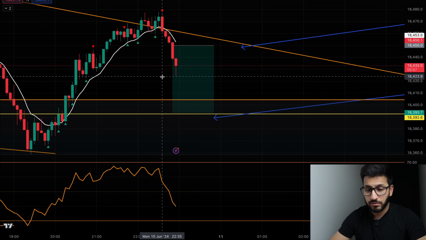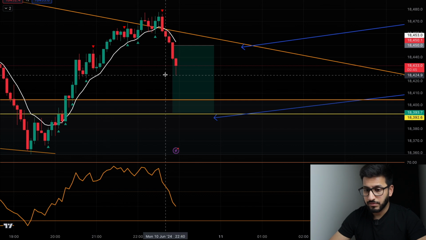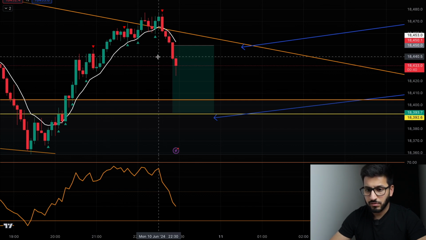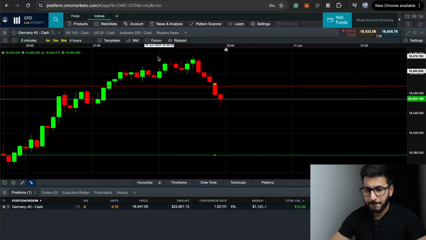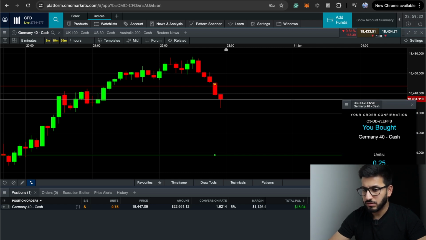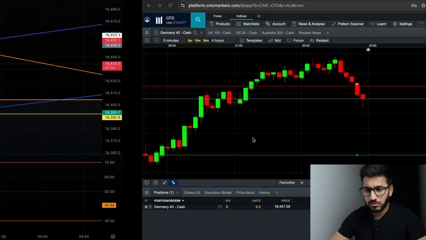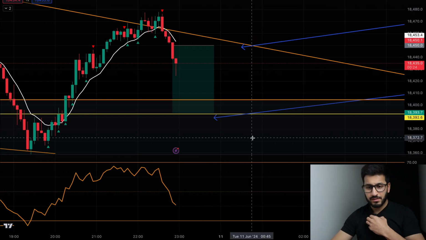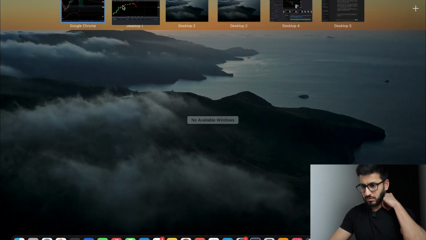That's the good scenario. But there's some support here, and then price could. I think I'm gonna do this to reduce my position a bit, because I think there could be buys there and price could just reverse.